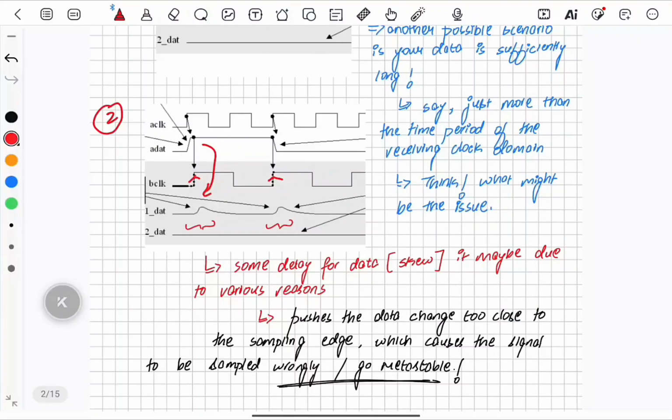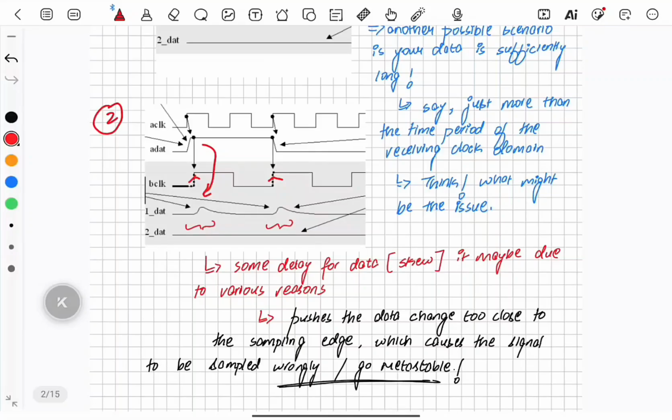The same is again happening in the next passage also. This is a very corner case, but this can happen, right? Again, it is sampling 1, but due to it going metastable, it is settling down to 0, so losing the data again. So with some delay for data, if there is any minimal skew, and if your design is too constrained, and there is some process variation also, there will be this missampling or data loss happening.